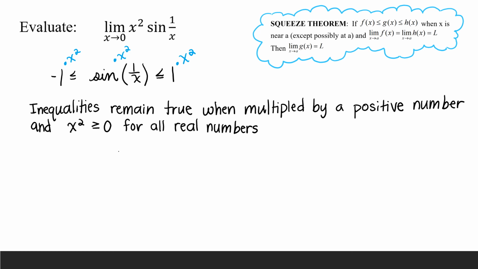And when we do that, we end up with the inequality negative x squared is less than or equal to x squared times sine of 1 over x, which is less than or equal to x squared. And now this is looking far more like Squeeze theorem.